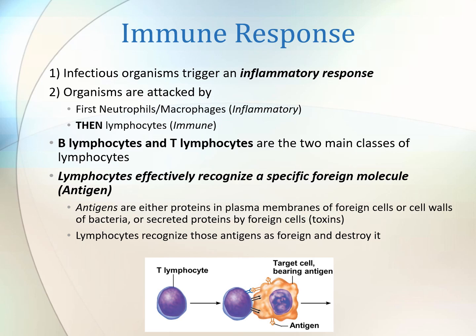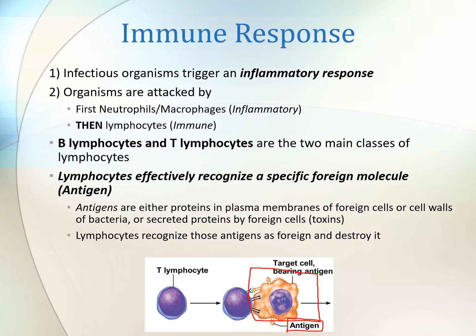Lymphocytes are really good at recognizing a very specific foreign molecule on that pathogen, and that's called an antigen. Essentially, say you have a pathogenic cell, whether that's a bacteria or a virus or whatever that may be, it's going to have a little protein called an antigen sticking out of it.